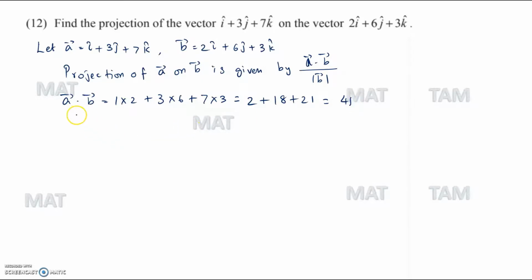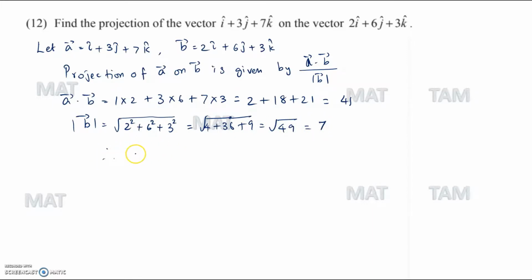Similarly, the magnitude of B is equal to the square root of 2 squared plus 6 squared plus 3 squared, which is equal to the square root of 4 plus 36 plus 9, which is equal to root of 49, which is equal to 7.